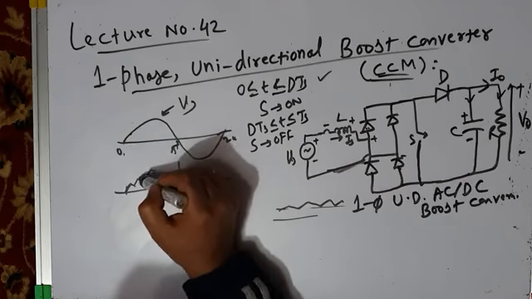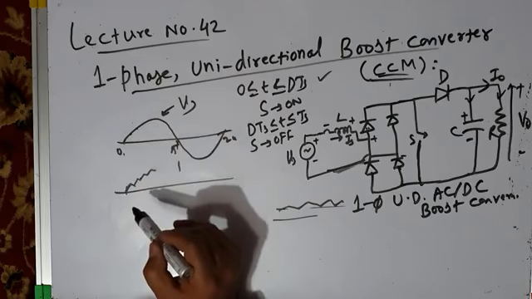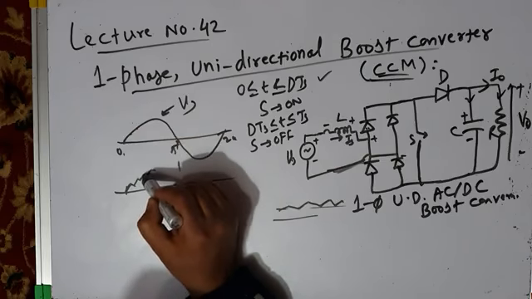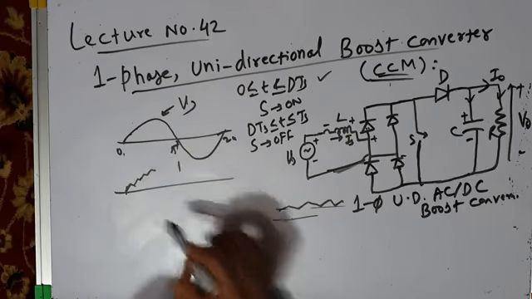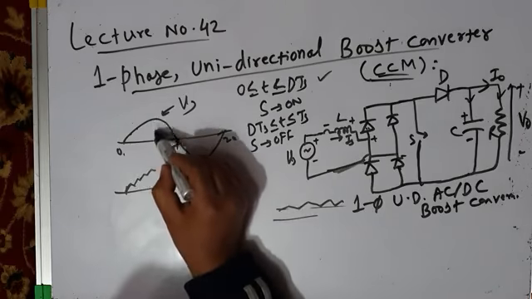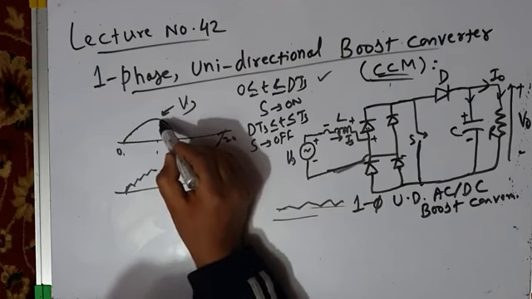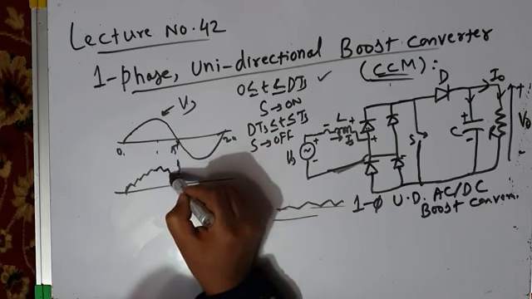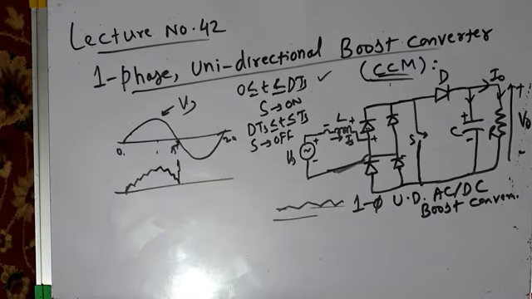When the next switching takes place here, the applied source voltage has already increased, so that results in higher current. So the current will not flow at constant magnitude, it will rise with the voltage. And when the voltage falls, the current also falls like this. This is for the positive half cycle.